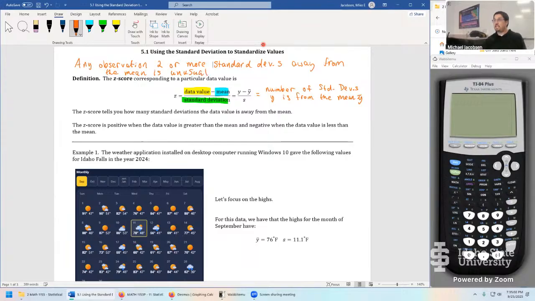If there are 3 or more standard deviations from the mean, that's highly unusual. 4 or more standard deviations away is becoming exceedingly exceptional, and so on.